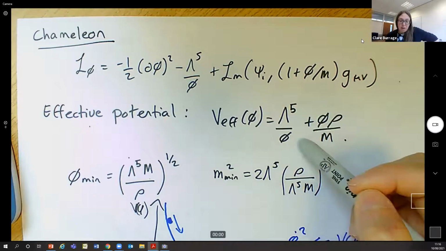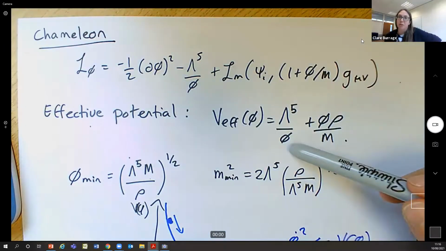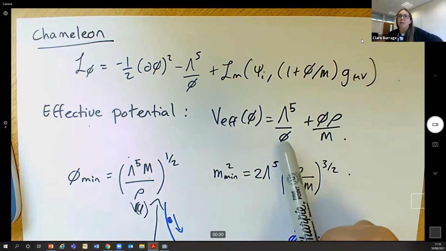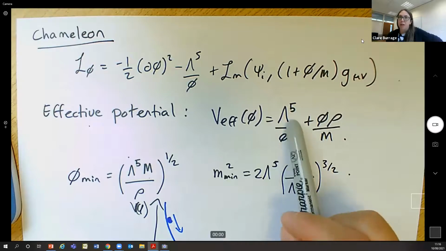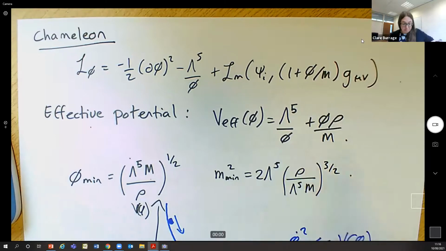In the chameleon model, if we were really believing that this was the fundamental description of our universe, it's very hard to justify why you make, for example, this choice of potential and you ignore other terms.